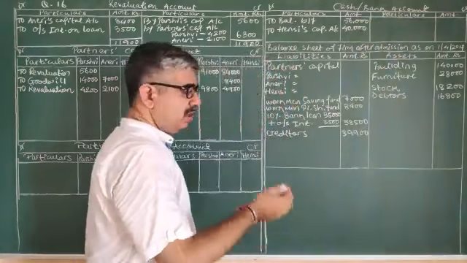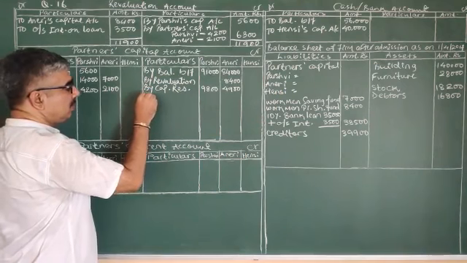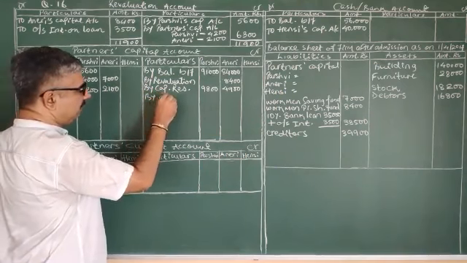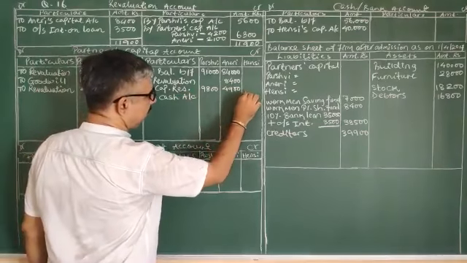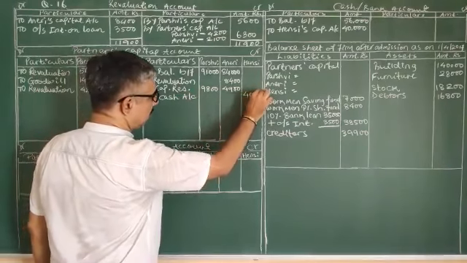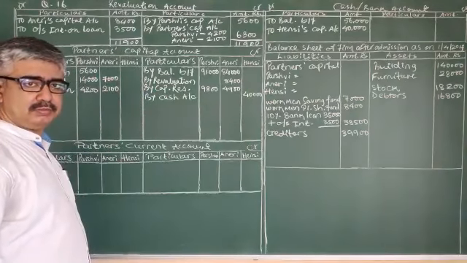Okay? And the second effect, obviously credit side, by cash account, 40,000. Is there any problem? Sure?